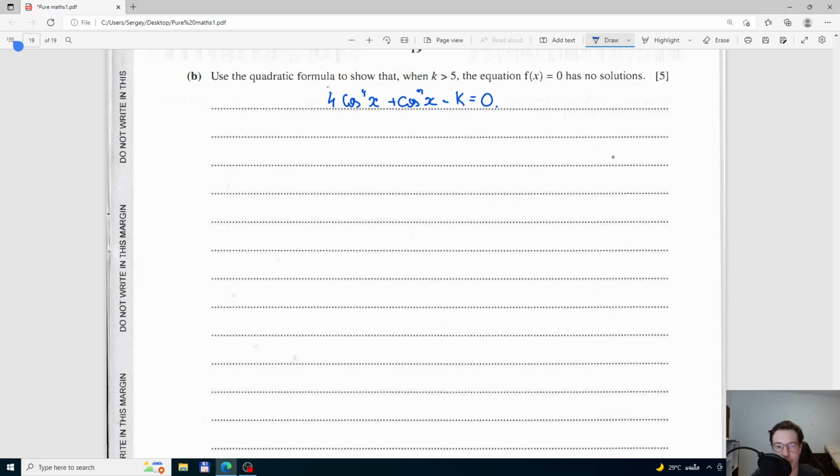Now, if you remember, we made the substitution t equals cosine squared x. And we got 4t squared plus t minus k equals 0.